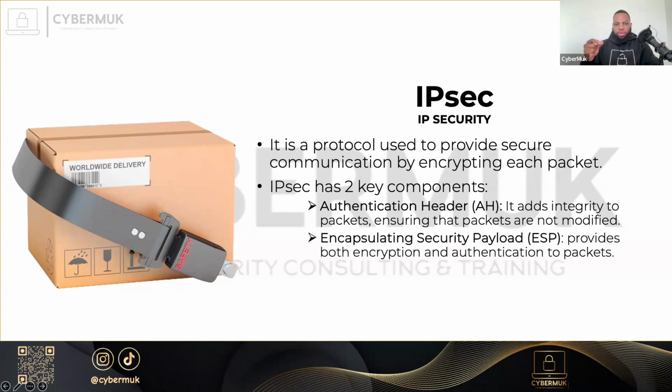ESP, encapsulating security payload, provides encryption and authentication to packets. So it makes sure that the packets are secure and authenticated at the destination. So these two, AH and ESP, are components of IPsec.